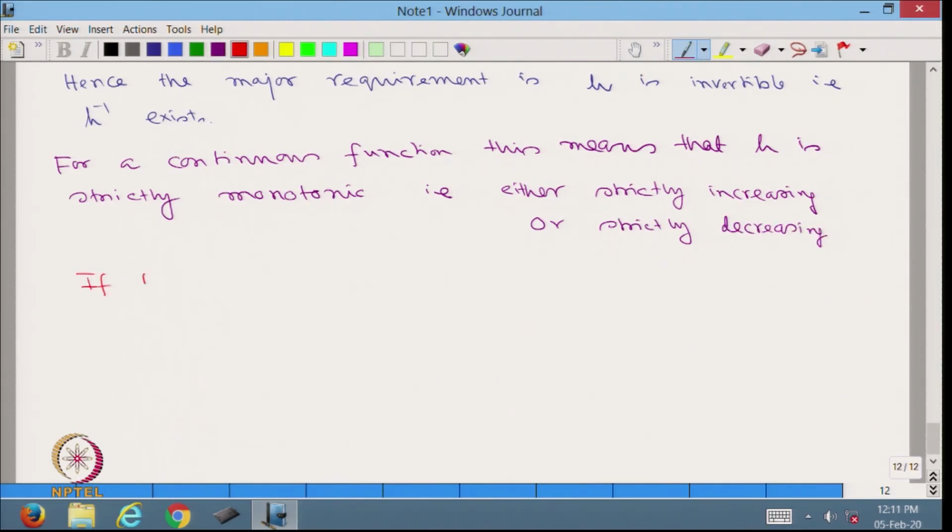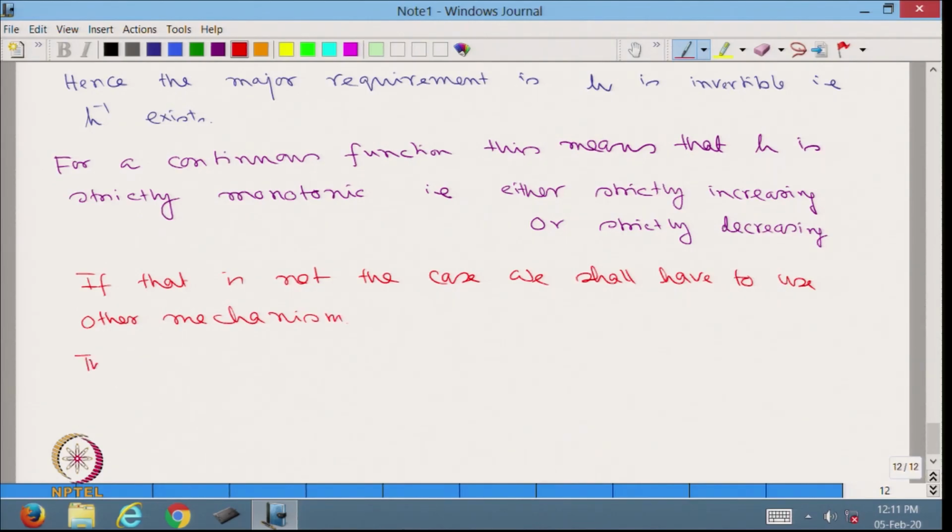If that is not the case, we shall have to use other mechanisms, as we will see later.